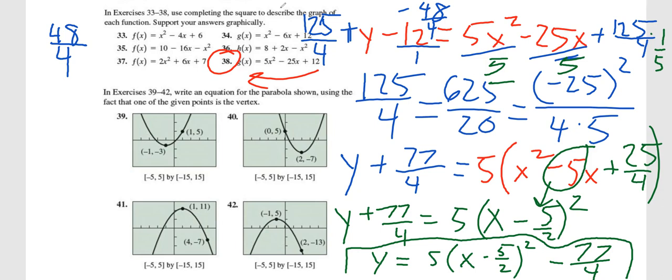Anyway, so there's 38. Is there any other homework question before we move on? One of these days soon, I might have you watch a video for homework at night, because I want to get caught up a day here.